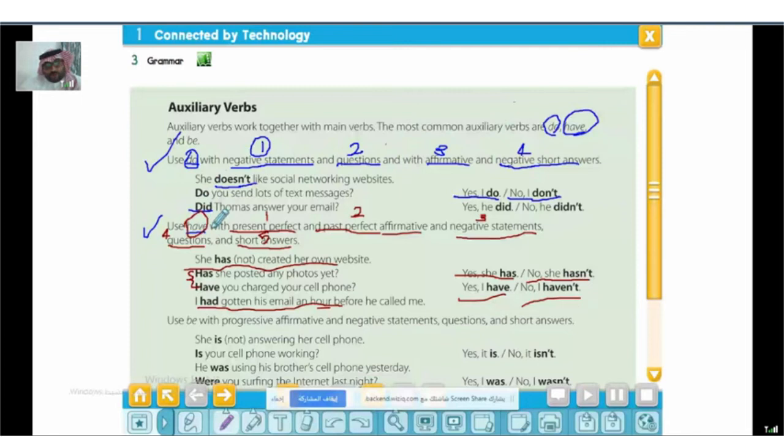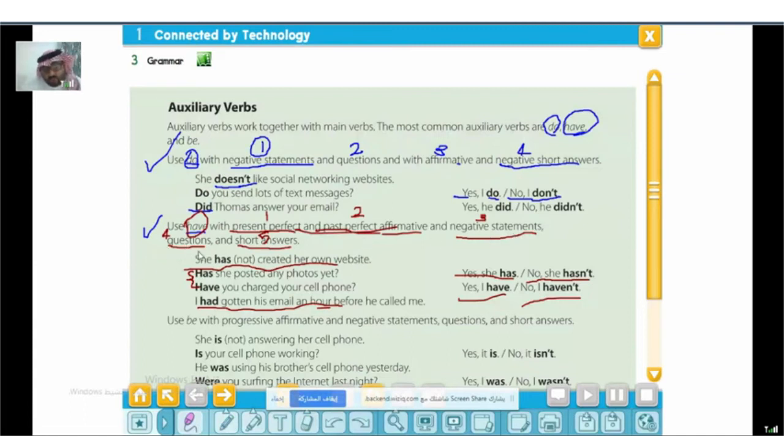And as we mentioned, we use have with five things: present perfect, number one. Number two, with past perfect affirmative, and number three, with negative statements.